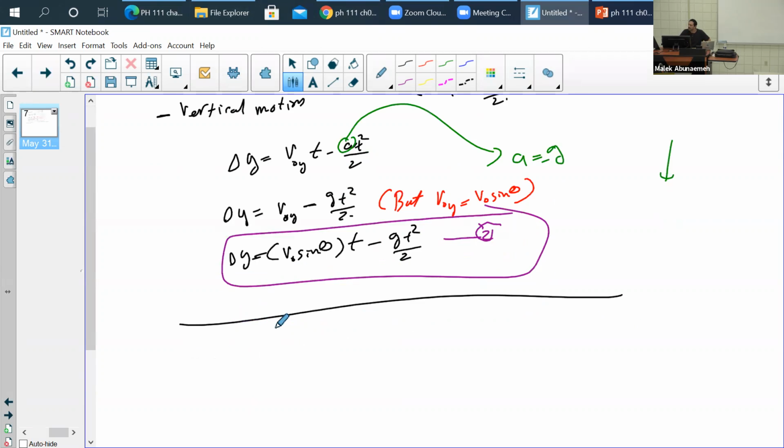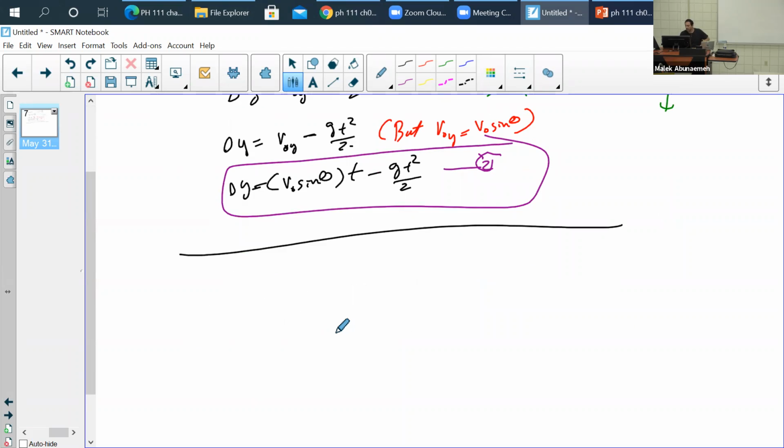Now, if you remember from chapter 2, one of the equations that we had was v final, or I'm just going to say v, equals your initial velocity plus a t.